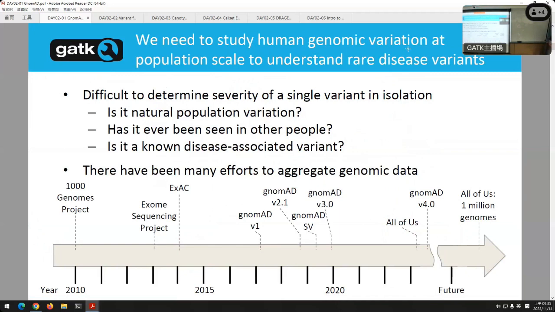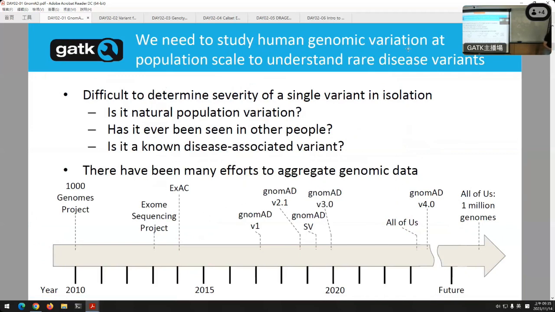So the key reason that we're interested in creating these large databases of variation is that if you look at a single genetic variant in a single individual, it's very hard to say, is it part of that natural background population variation that's common in everyone, or has it even been seen in anyone else in the world?